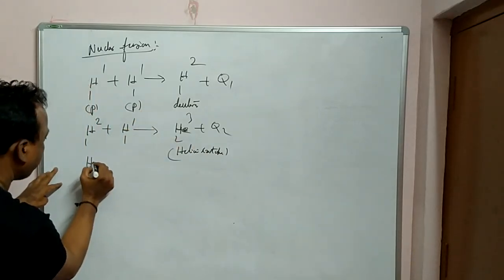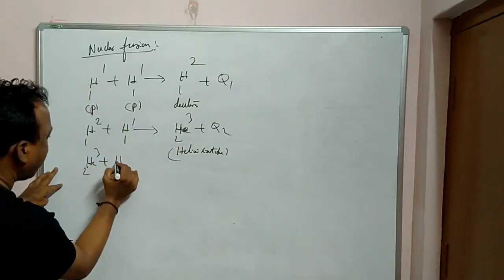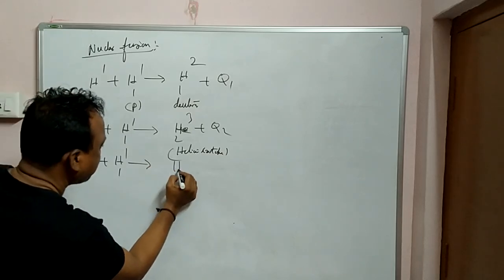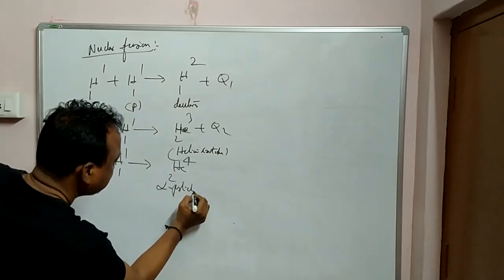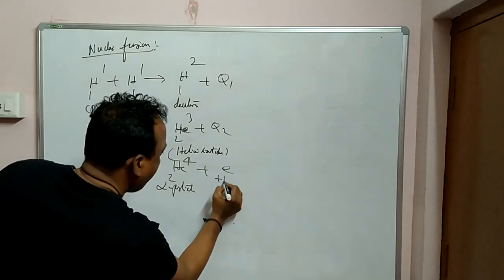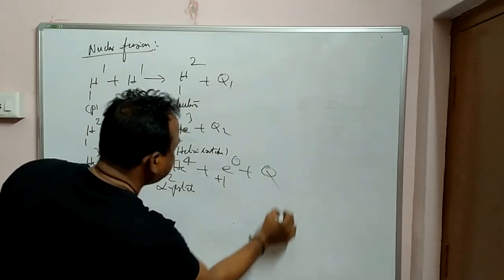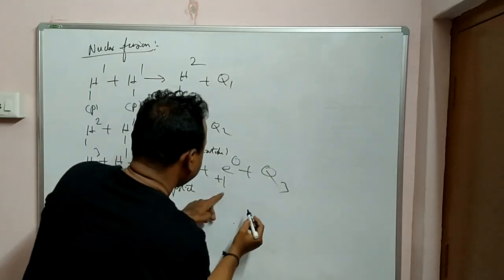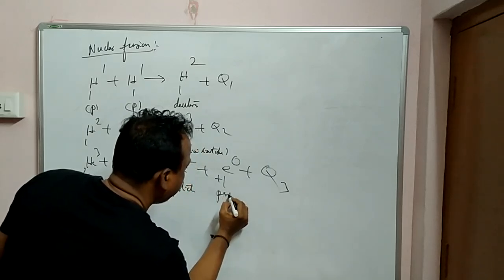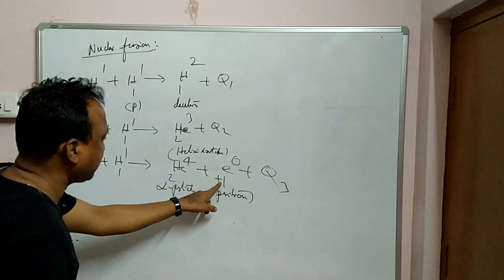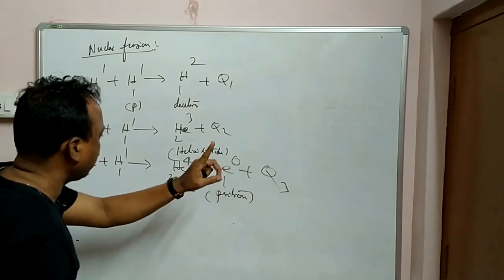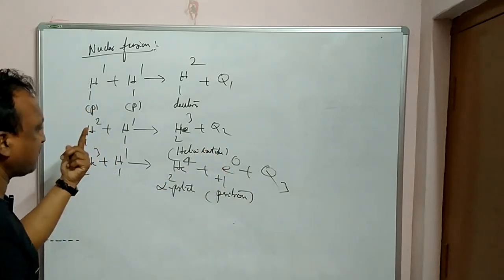Again this helium isotope reacts with proton, gives rise to He 2 4, alpha particle, plus a positron plus some energy. This is the antiparticle of electron, positron. See the balancing equation, 2 plus 1 is 3, 4 plus 0 is 4, 2 plus 1 is 3, 3 plus 1 is 4.